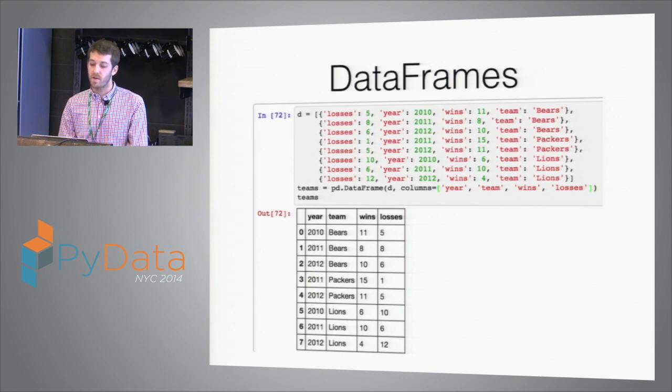Another big thing about data frames is that you can think of them as a group of series that share an index. Data frames actually have two indexes, or indices. Along the top, you have the columns, obviously, but that's an index, and that's also called an axis in some parts.